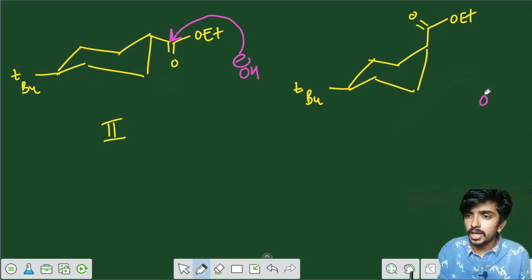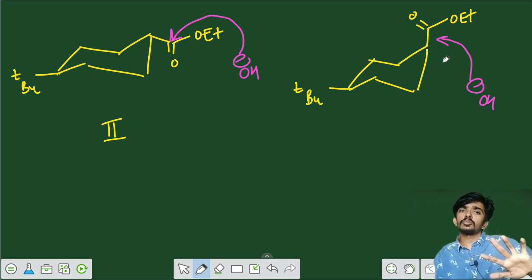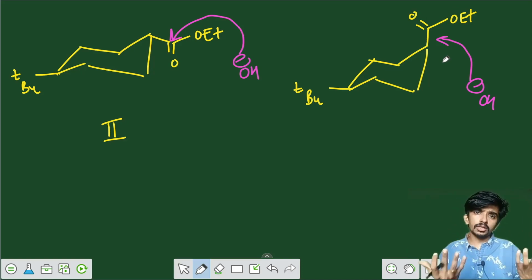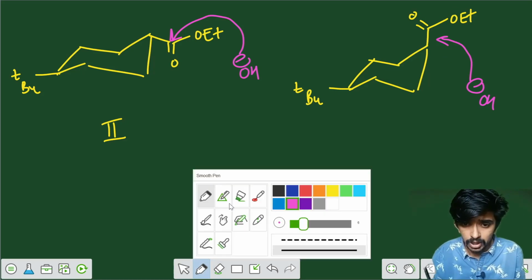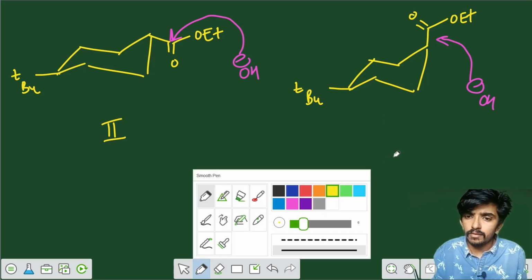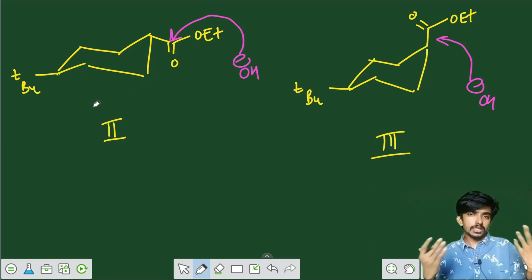Similarly here, OH minus is there, the substrate has this ester group on axial position, and the product will also be on the axial position. So product stereochemistry is not going to change. If we compare the overall stability of the product, we will find that 2 will have a more stable product as compared to 3.